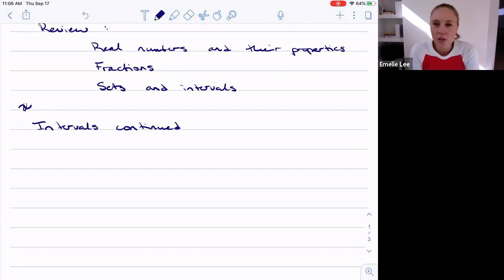Okay, so for intervals, we left off talking about closed intervals or open intervals, meaning that the endpoints are either inclusive or exclusive, and we had a couple of different ways of showing it. We can show it using inequalities, and so we had the less than or equal to versus the less than, for example.